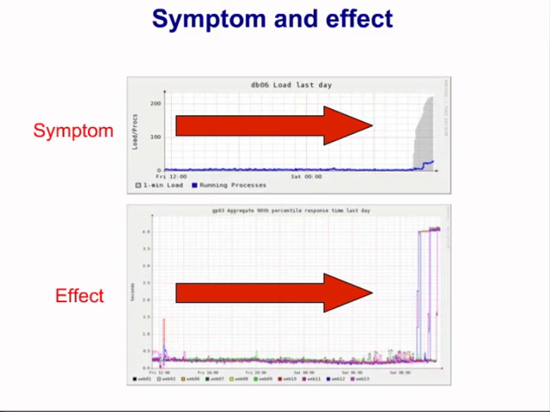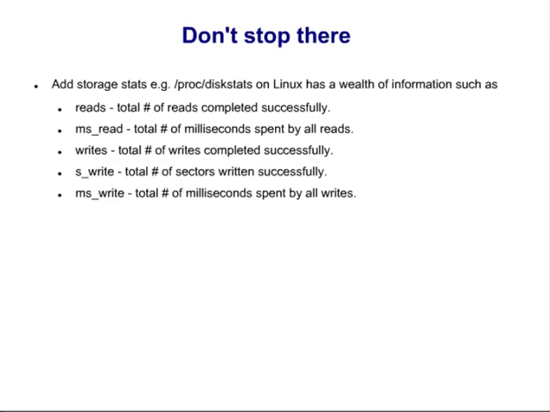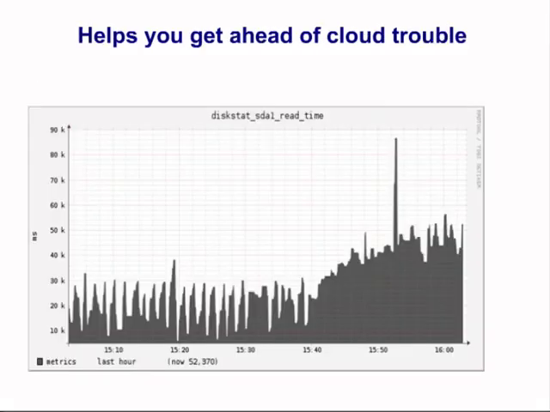So don't stop there. You should add things like storage stats. There's a wealth of information as far as how many disk reads and writes you have, which will help you in a situation like this, where things are working happily, and then all of a sudden your reads are taking way too much time, or the writes disappear.